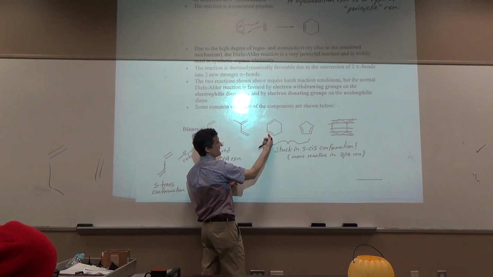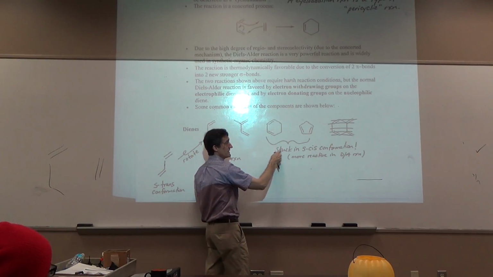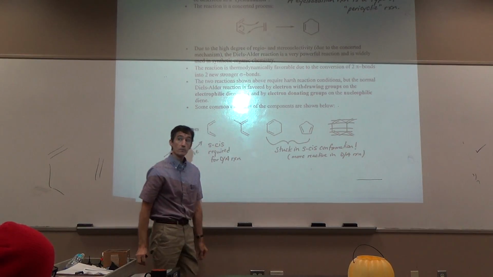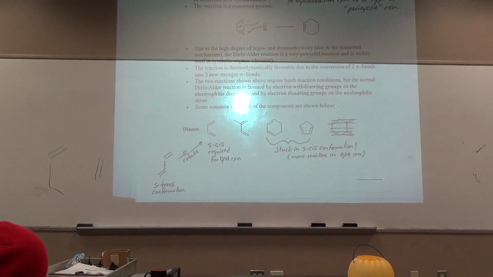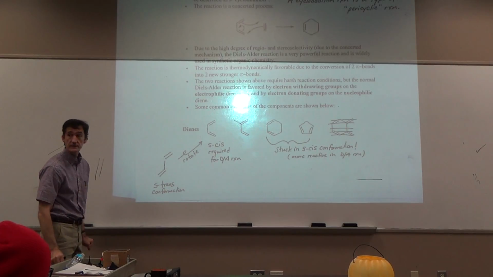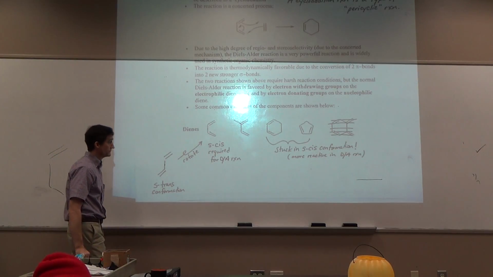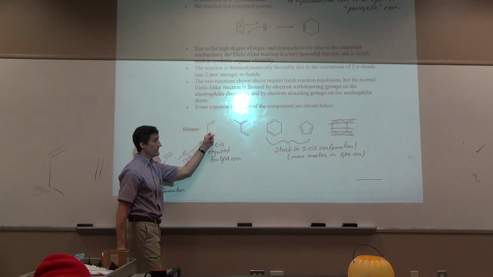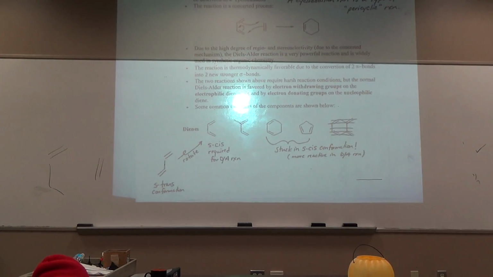This can't rotate and become S-trans. Thus, it's stuck in the required form. Because it's stuck there, it's always ready to react, and it reacts faster. Does that make sense why the ring ones are more reactive? They're stuck in the appropriate form. It doesn't mean these can't react. These are quite reactive in Diels Alder.